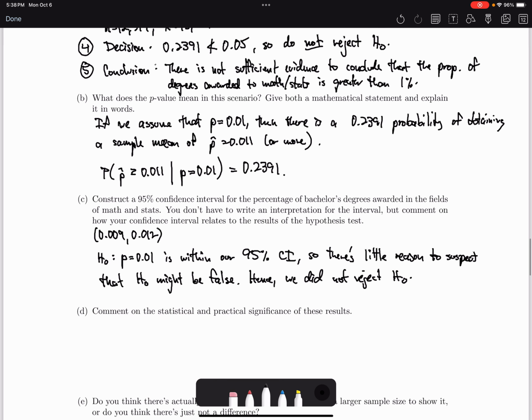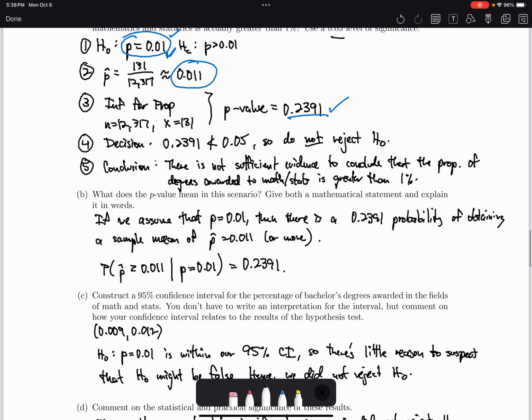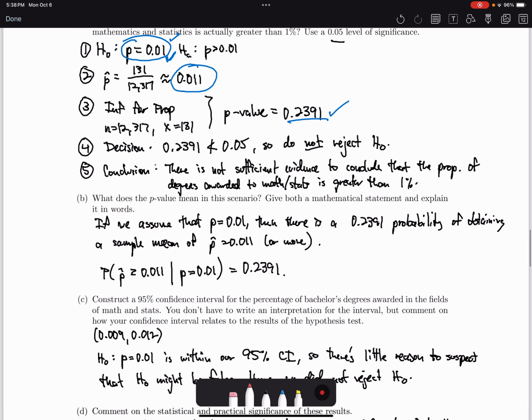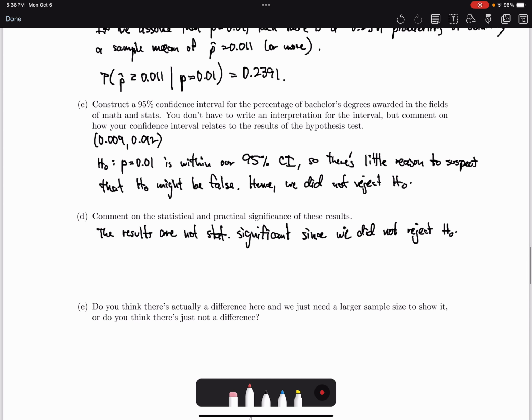They also wouldn't be practically significant. I mean, let's just pretend for a second that we had rejected the null hypothesis. Still, the difference here is going from 1% to 1.1%. That's just not a large difference. So it wouldn't be practically significant even if we had rejected the null.